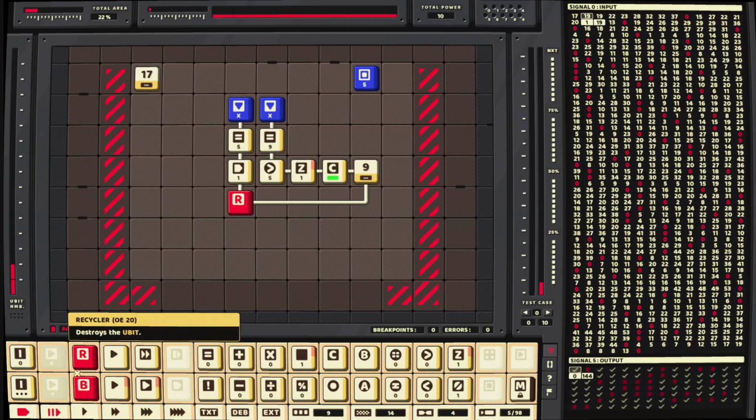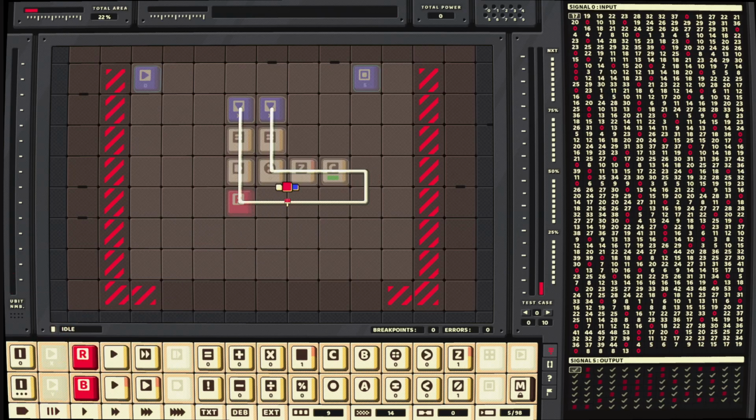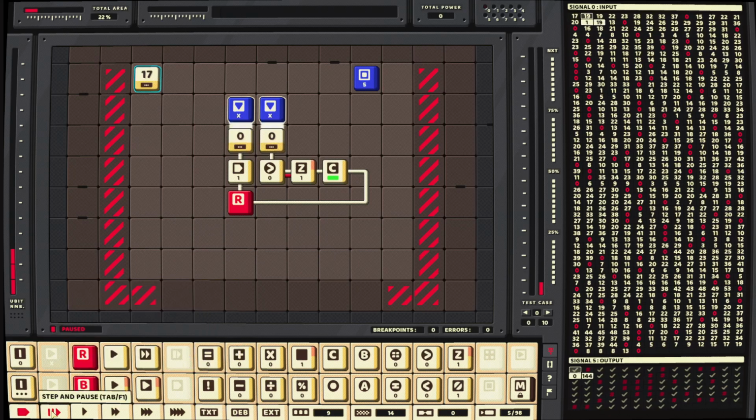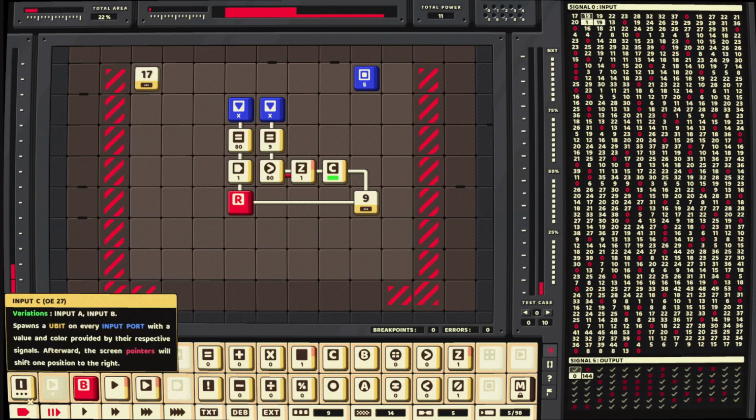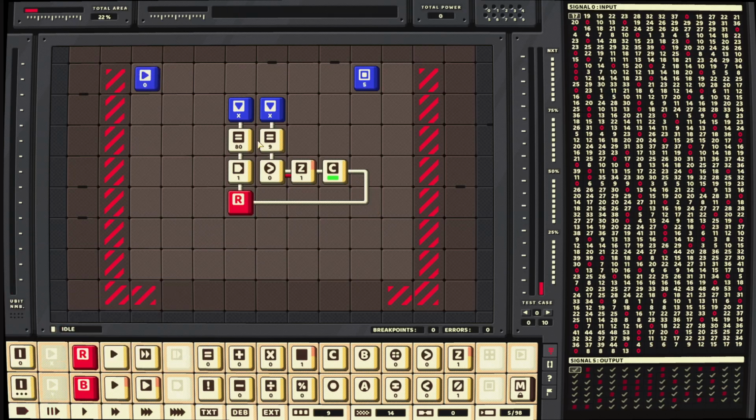Backwards. Oh, I didn't connect them. There we go. Oops. Right. So now it's green. And if I said, is 9 greater than 80? It would not become green. So this is how I imagine comparing 2 bits.